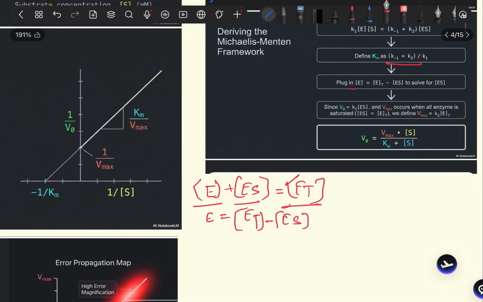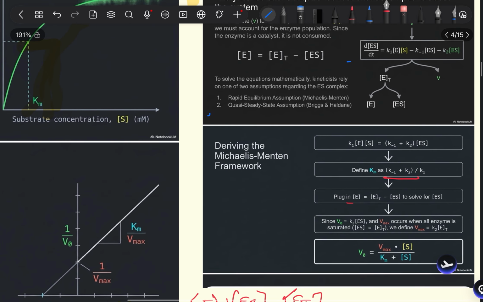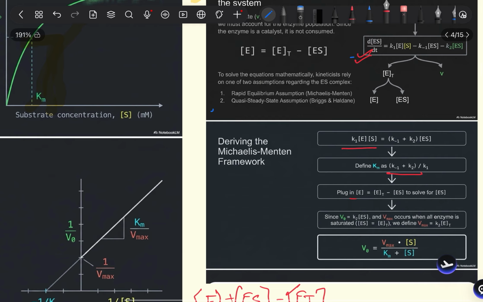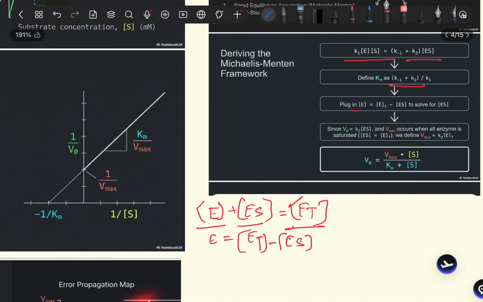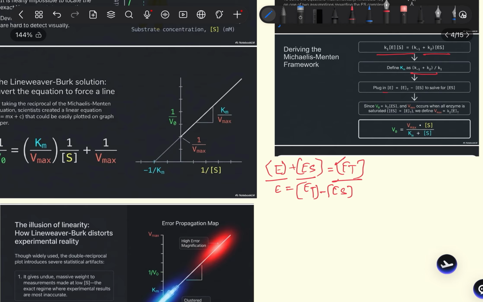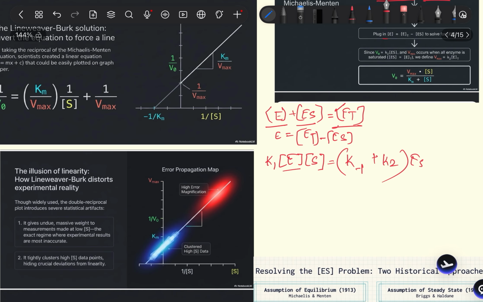Now, as per this Briggs and Haldane thing, which we got into understanding, this equation will be formed because one was in the positive and these two were in the negative direction. Now let's understand it. So K1 S equals K minus 1 plus K2 S. Now, just replace this thing.